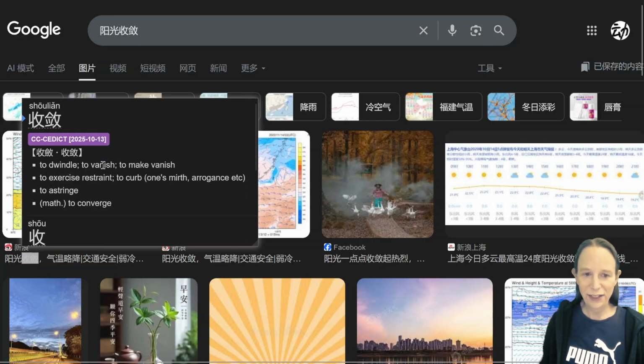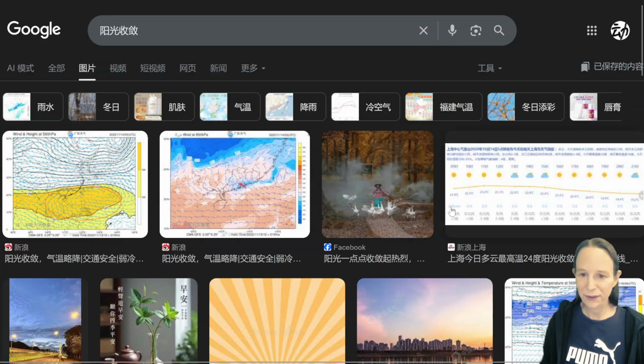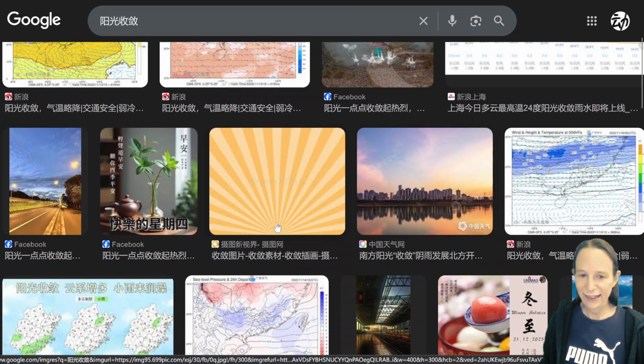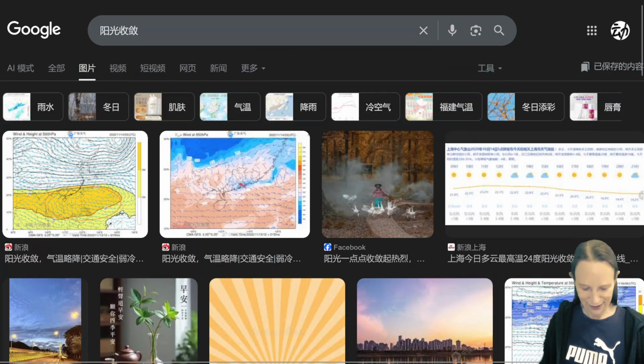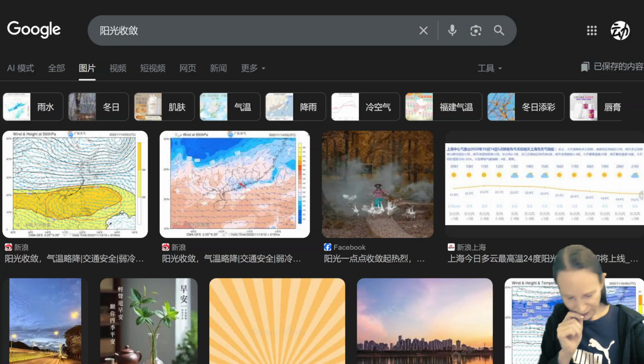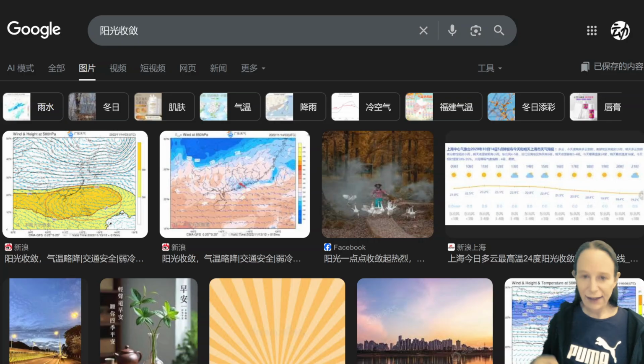It vanishes, dwindles. The light dwindles, I guess, in the horizon or something. That was the first definition.